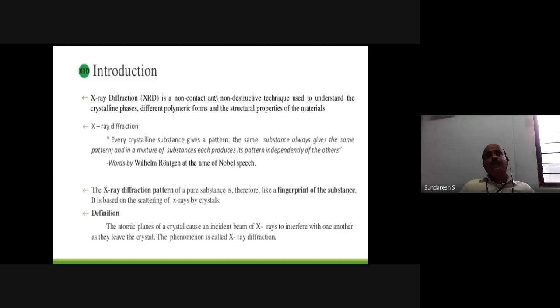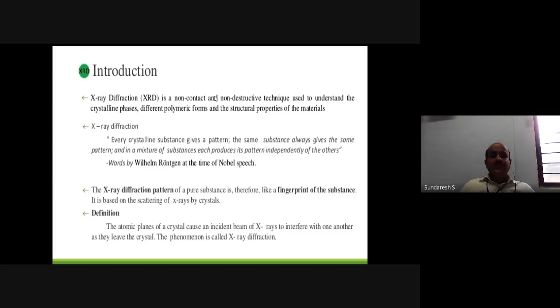Basically, when you synthesize composite structures, where we have two or three different materials, one is a matrix material and another is a reinforcement material, and they have been added together to form a composite.